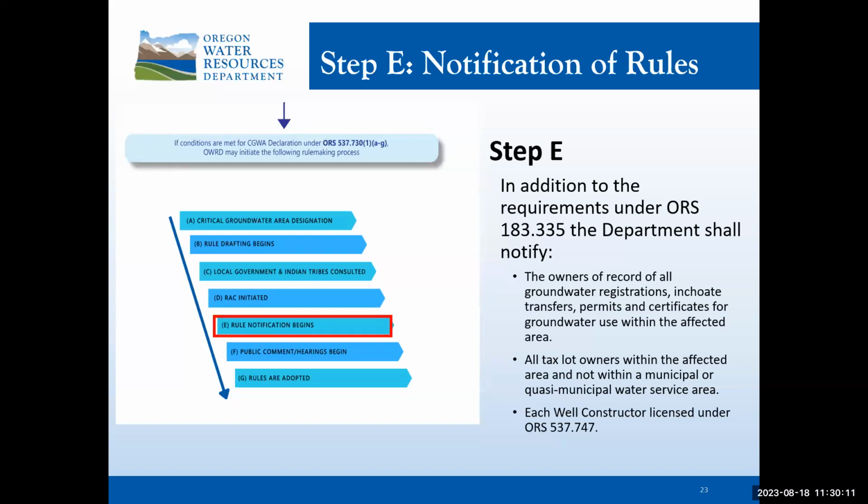And then the last group that will be notified is each well constructor licensed under ORS 537.747. So this is essentially all of the licensed well constructors in the state, because they need to understand that there's a rulemaking going on that was going to potentially designate a critical groundwater area.